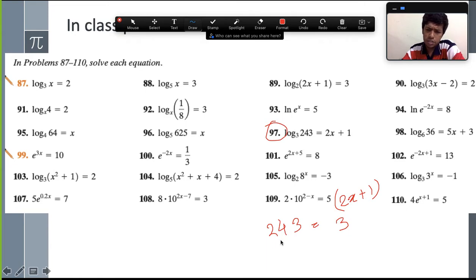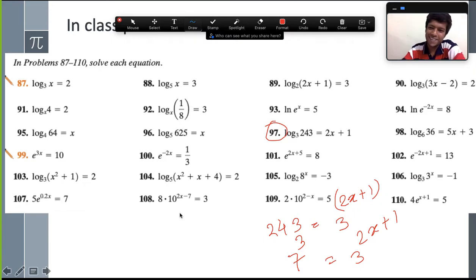Now what cube equals 243? It must be 7. 7 cubed equals 247? Oh my god, this is crazy. 7 cubed, but this is not giving us the same base. Okay, let's see. 81 into 3 equals what? 243. Yeah.